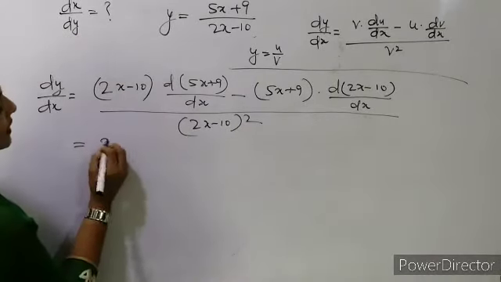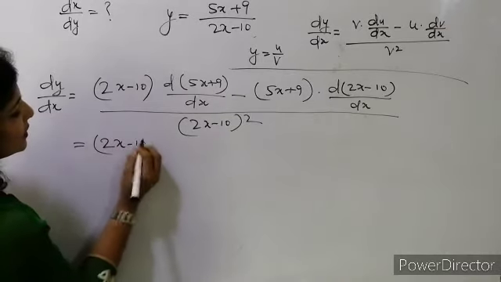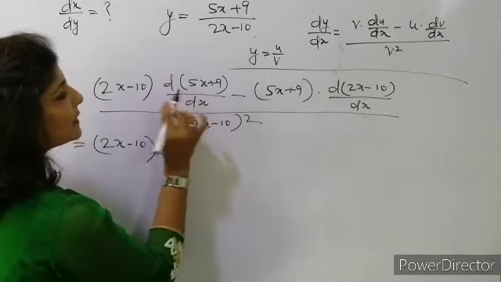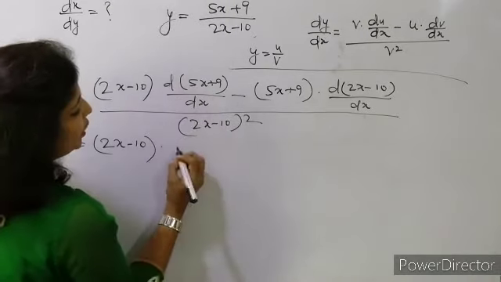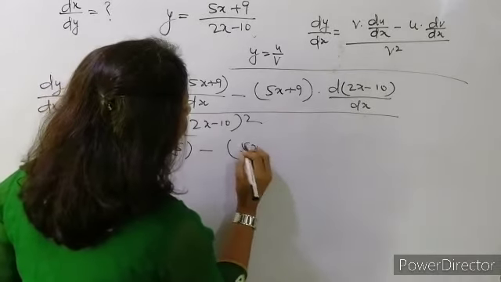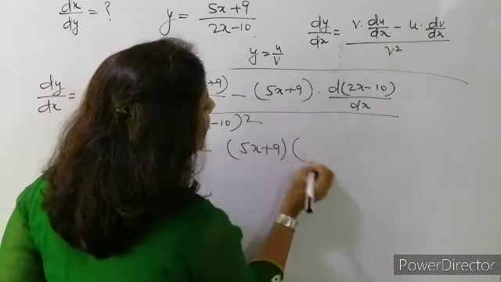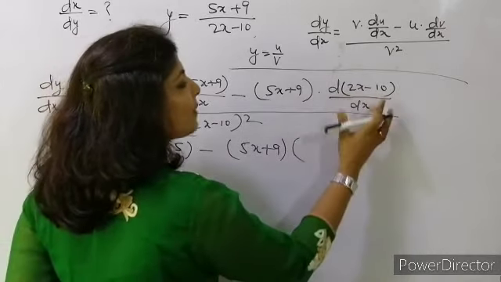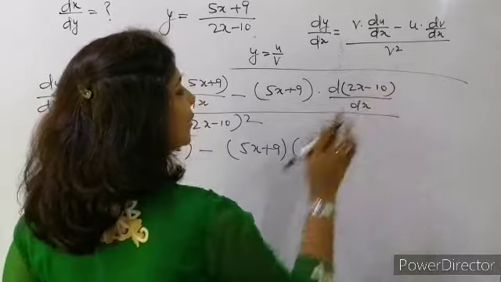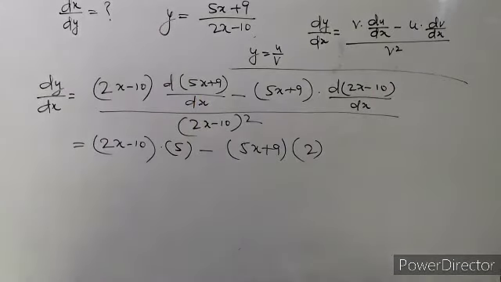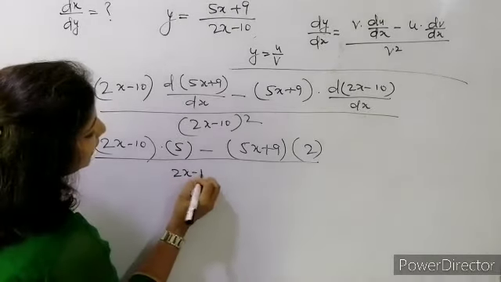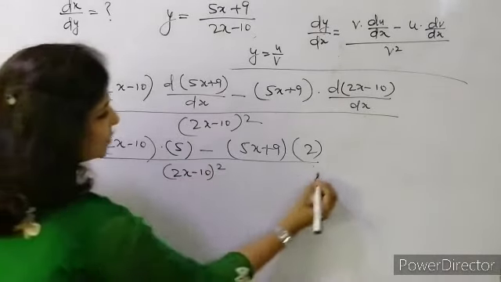So first of all, this is as it is, we'll write it because this is constant, and now we have to differentiate this one. So for 5x it will be 5 and plus 0. So 5 minus (5x plus 9) multiplied by the derivative of 2x minus 10, which will be 2. Differentiating this we get 2, and differentiating the constant we get 0. Okay, so divided by (2x minus 10) whole square.